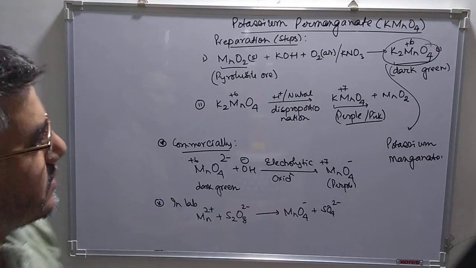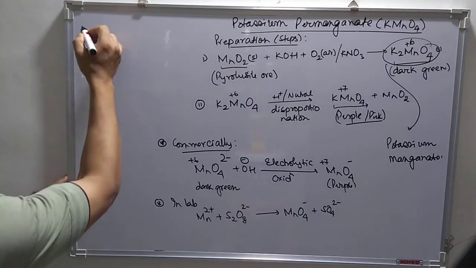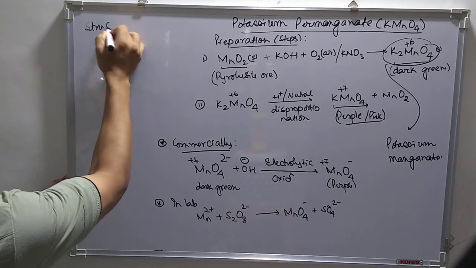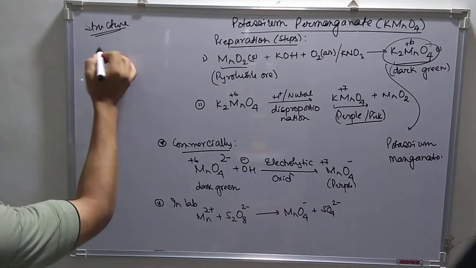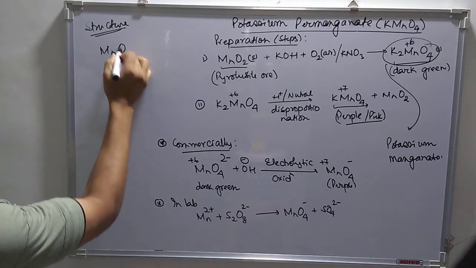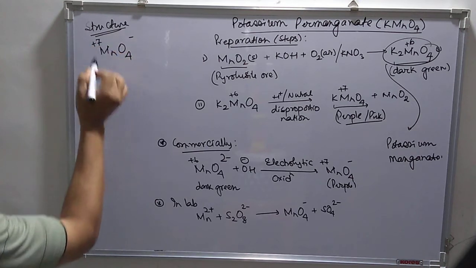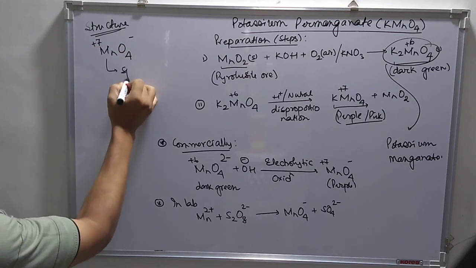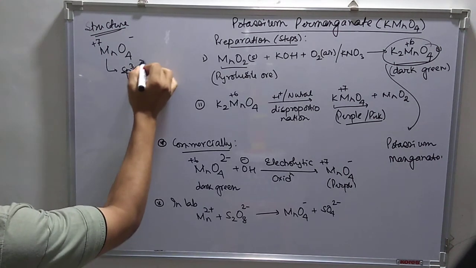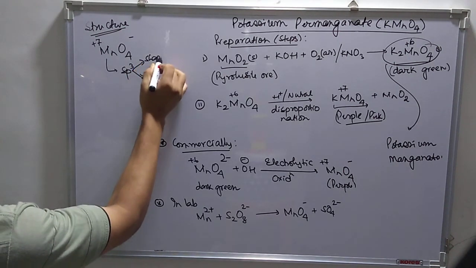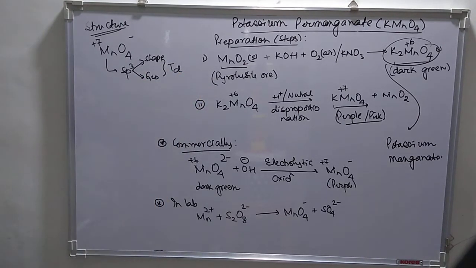Now coming to the structure of potassium permanganate, we have MnO4 minus, Mn is +7. The central atom Mn is again undergoing sp3 hybridization. So shape and geometry is tetrahedral.